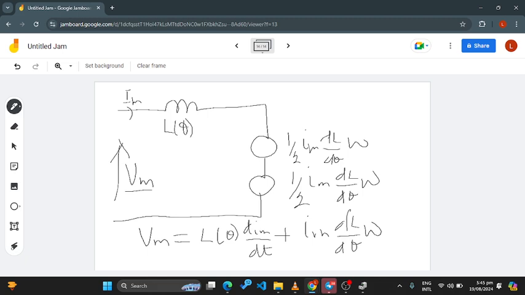Okay, so I'm supposed to find the speed of this motor.